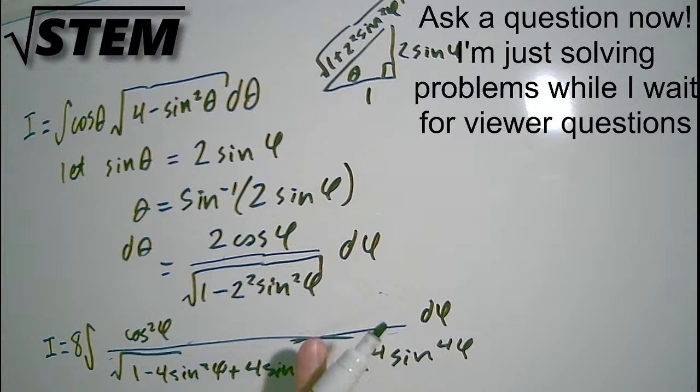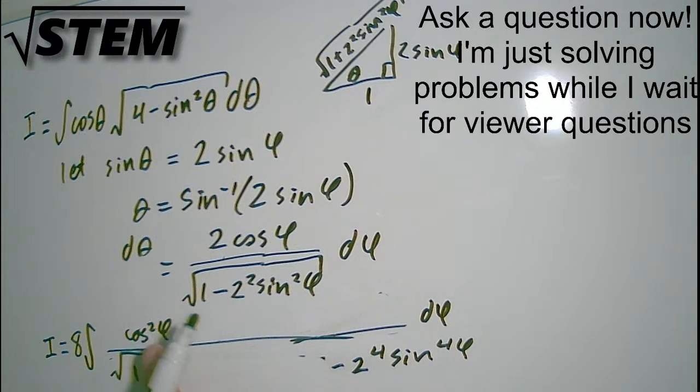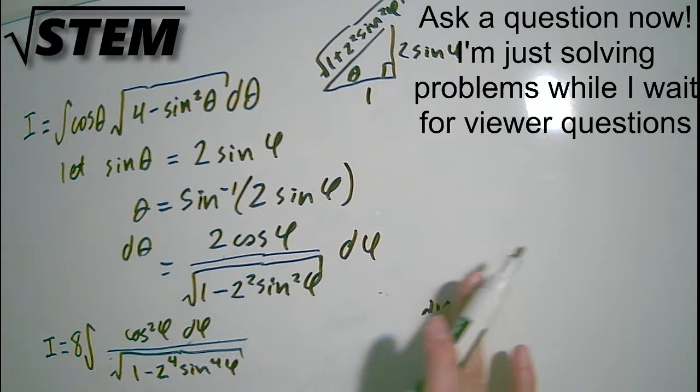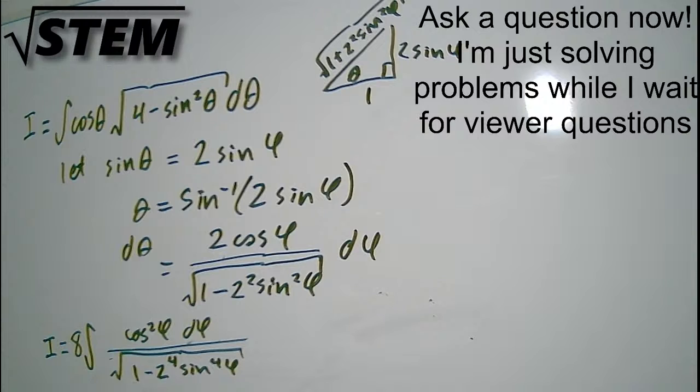So those middle terms cancel out. d phi, okay. So it's simplified to a lot smaller than I thought it was going to be.